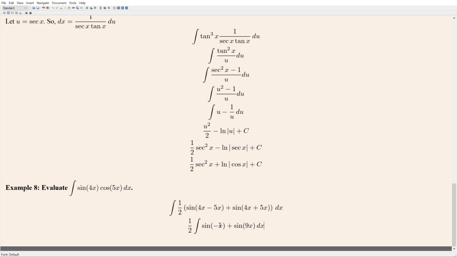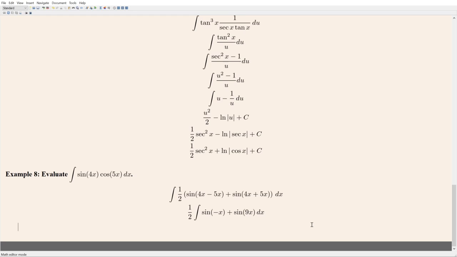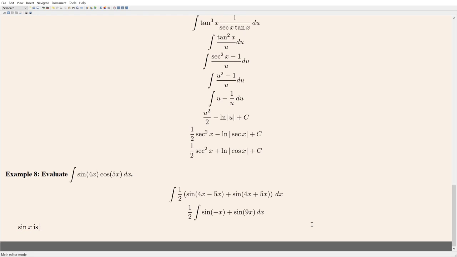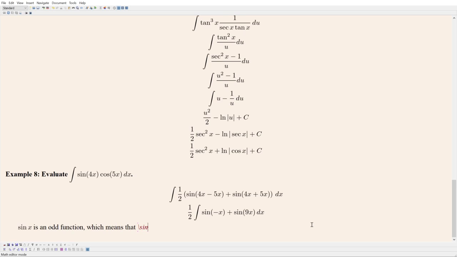Now, it's a little bit off-putting to have a negative inside of a sine. So at this point, recall that the sine function is odd. Sine x is an odd function, which means that it spits out negative signs.